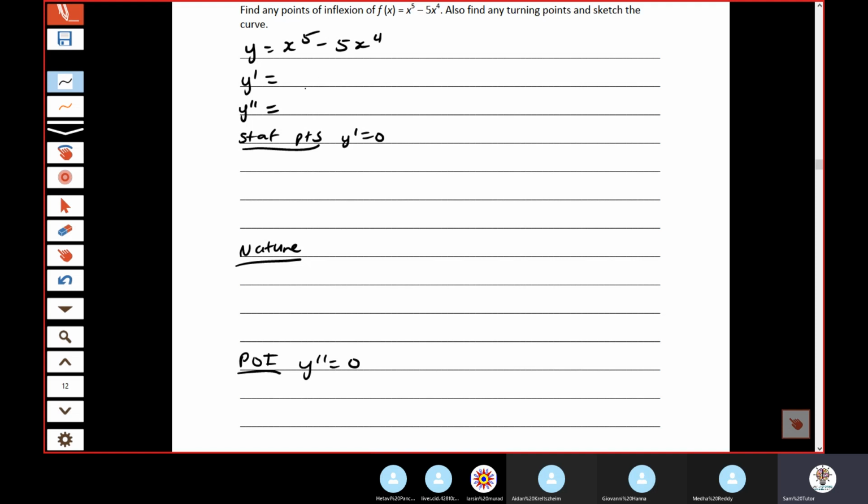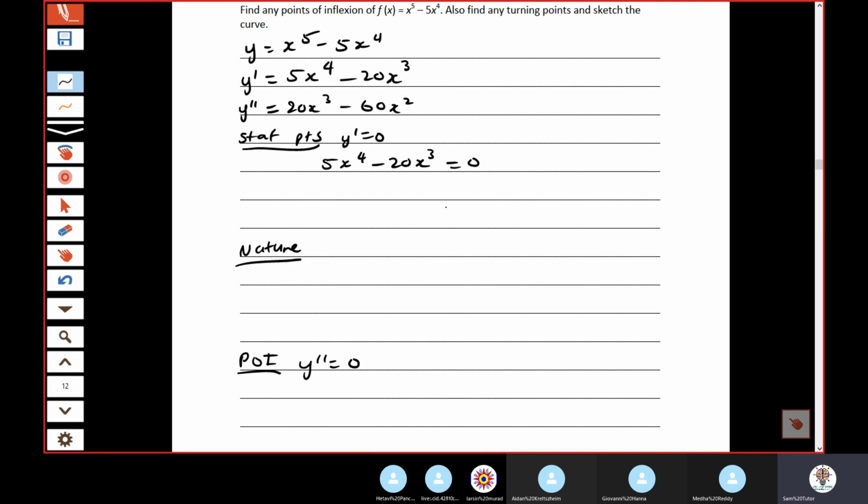Go. Y dash. What did you get? 5x to the power of 4 minus 20x. Then y double dash, since we're here. 20x to the power of 3 minus 60x. Done. For stat points, we make the y dash equal to 0. So what would you have done when you have this thing equal to 0?